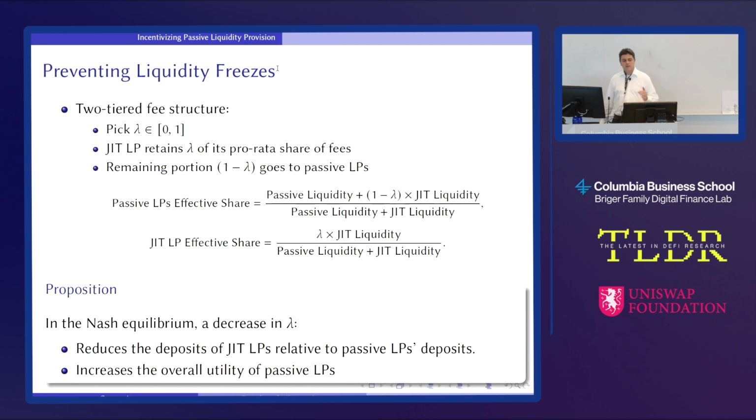If Lambda is equal to 1, the just-in-time liquidity providers are capturing 0 and all the fees are transferred to the passive providers. So this solution guarantees that the passive providers get a share of the fee that was previously assigned to the active providers, and therefore they are benefiting from that. What we can show is that this benefits the ecosystem and steers the system toward a situation where we have more complementarity and less crowding.